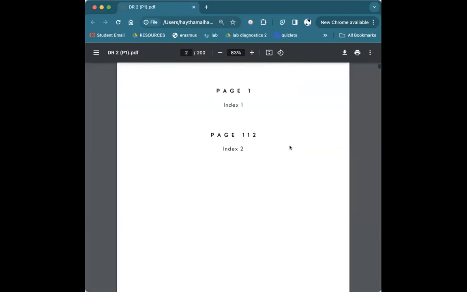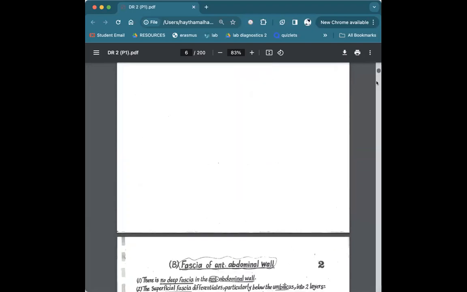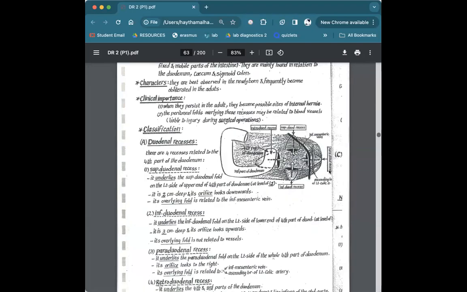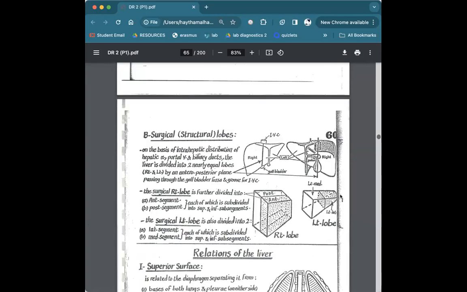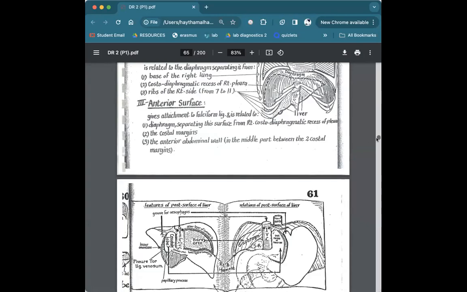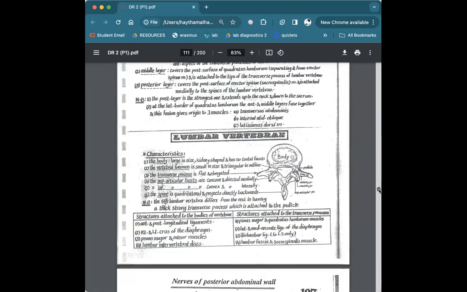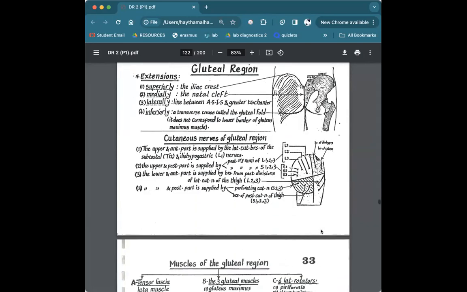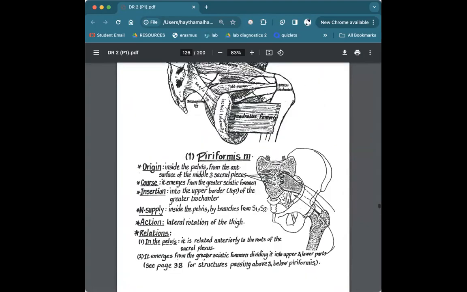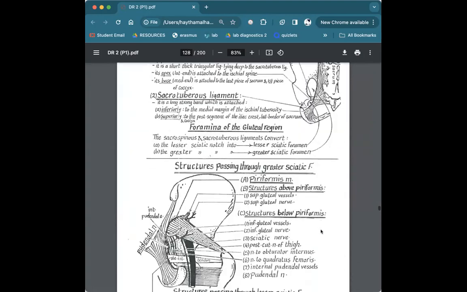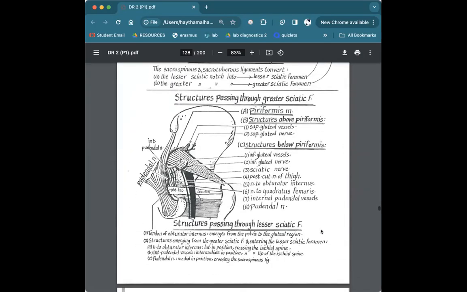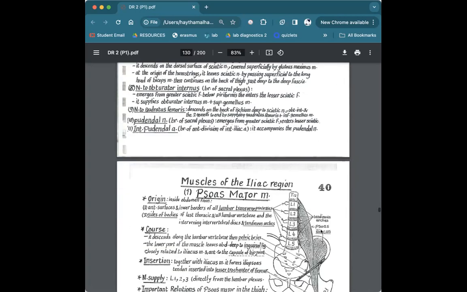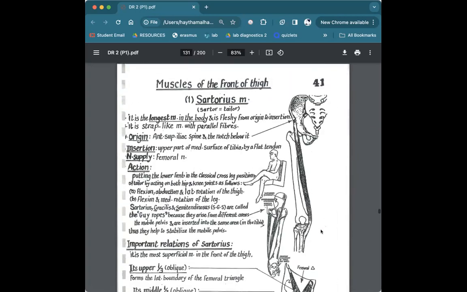And I'm going to go to page 112. It's not it. That's gluteal. And we reached, that's not it. One second. Yes, this is what we revised.